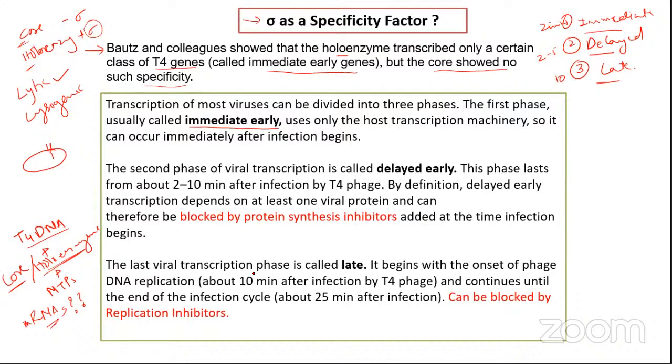So the RNA will have somewhat similar genes to the immediate early genes. Yes, exactly. So they will have the sequence which is similar to the sequence of immediate early genes or delayed early genes or late genes. So now your job will be to find out which RNAs are similar to immediate early genes, which RNAs are similar to delayed early genes, and which RNAs are similar to late genes.